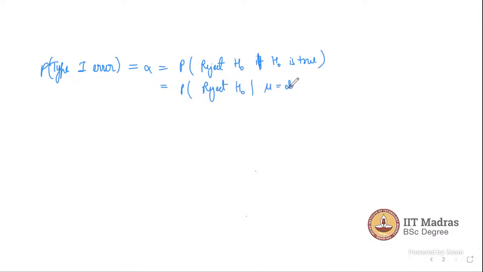The probability of type 1 error is given by alpha, that is the probability that you reject your null hypothesis, given H naught is true, right? Yes, ma'am. Now what is H naught? Mu is equal to 2000. Why have we written mu equals 2000?